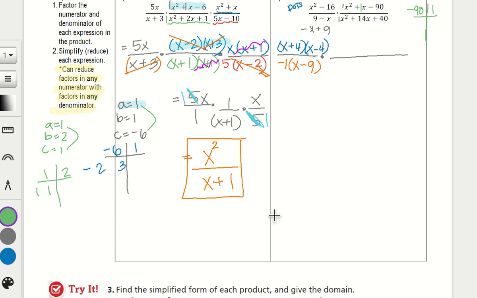Okay, so I'm looking up the factors of 90, and I want to check 9 times 10 makes 90. If I make the 9 negative, then that plus 10 is going to give me the positive 1. So that means that my numerator is going to factor to x minus 9 times x plus 10.